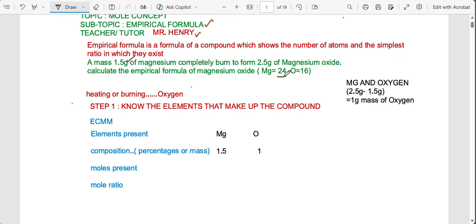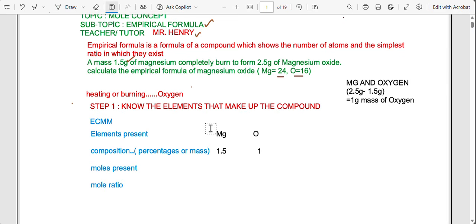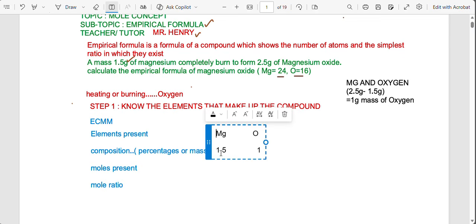Like this question here, they said, calculate the empirical formula of magnesium oxide, and they told us Mg is 24. 24 is the atomic mass of magnesium, whereas O, which is oxygen, is 16. 16 is the mass number of oxygen. These numbers will always be provided in your paper, so don't worry.